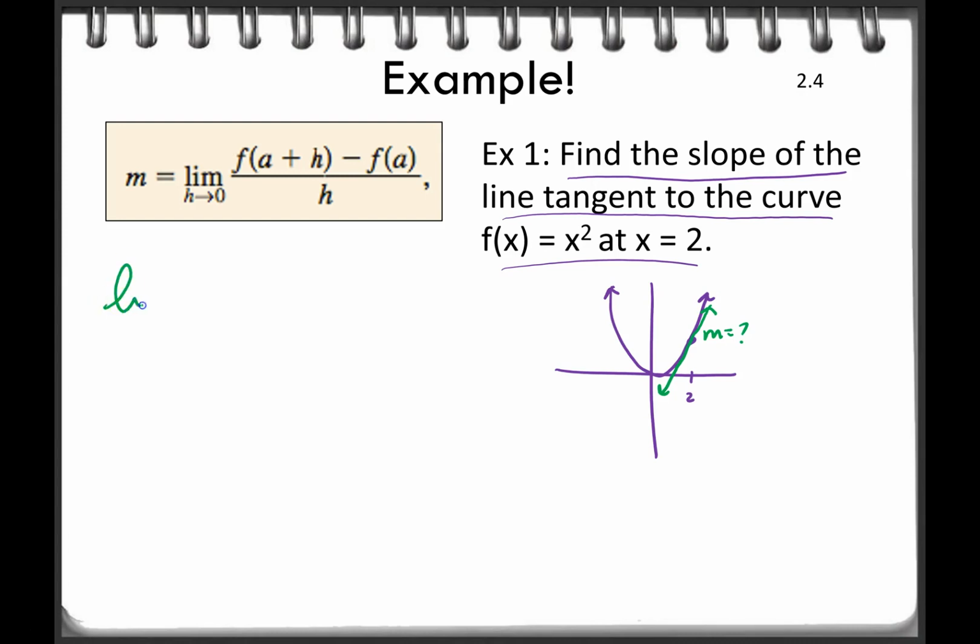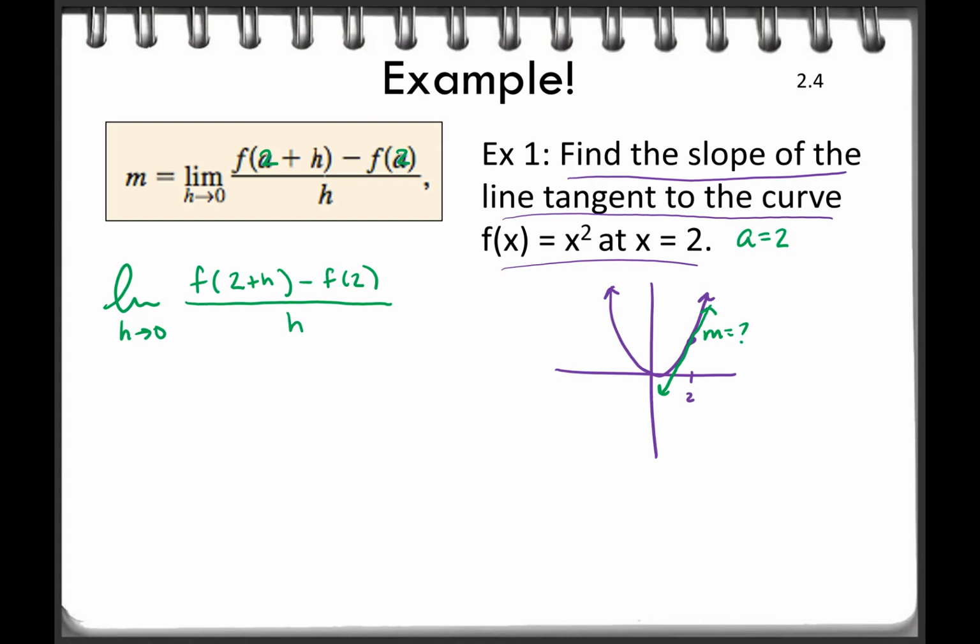So we've got the limit as h approaches 0 of f of, well, my a is going to be 2. So we're going to have a equals 2, so that's going to be f of 2 plus h minus f of 2 all over h. So all I've done so far is put in a 2 for a.